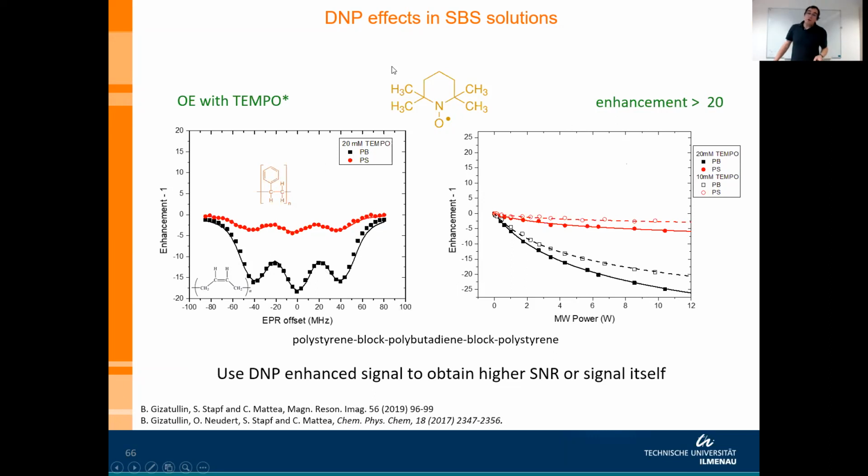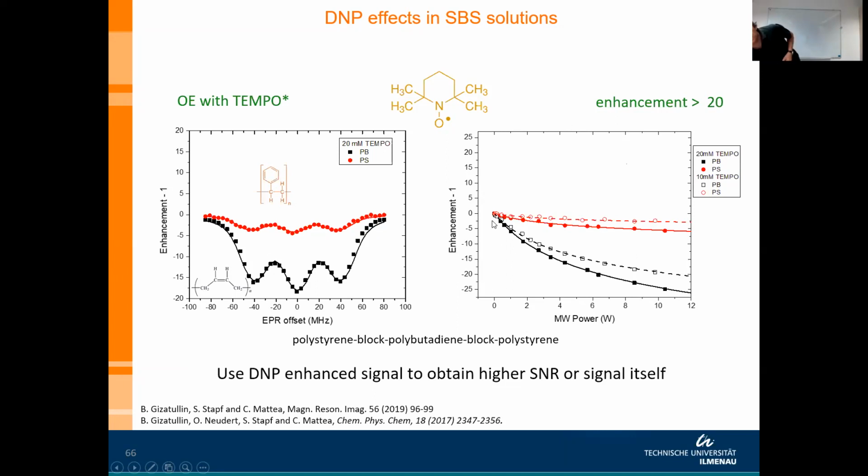We measure with CPMG in the acquisition field, and then you can fit 2 components in this decay of the CPMG pulse sequence, and then you can ascribe these 2 components to the parts of the copolymer. If you compare intensities, you see that this is right, and then seeing the enhancement of one component or the other component, you get this spectra here, and then you can even get, changing the power.